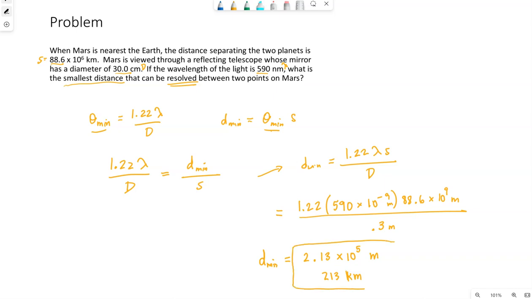So 2 points on Mars would need to be 213 kilometers apart in order to tell that there's two distinct sources of light or reflections of light from the surface. And that is assuming we have a 30 centimeter diameter telescope, which is not something an average amateur astronomer would have typically.